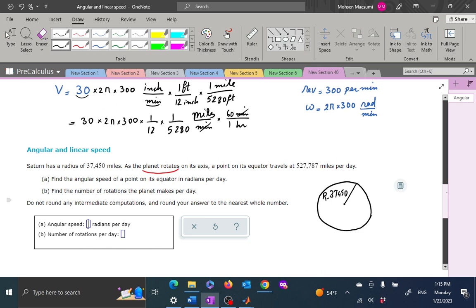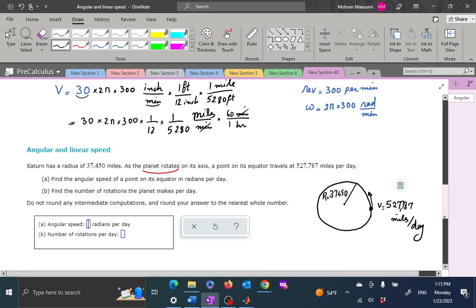So this is R. And if we consider a point on the equator and check to see how fast it is traveling, the speed that we get is 527,787 miles per day. Okay, so the numbers are unusually large, just astronomical type of numbers.